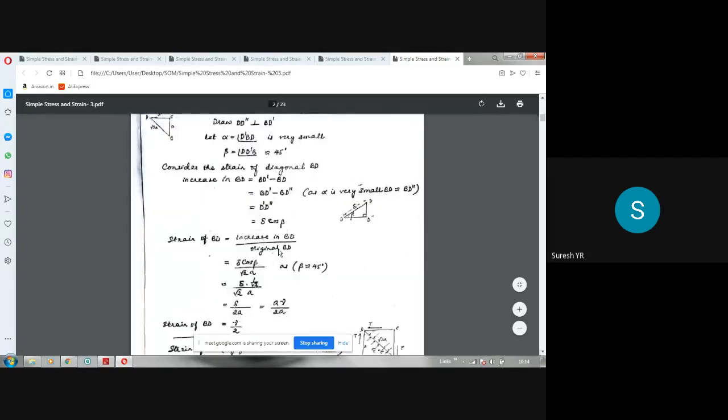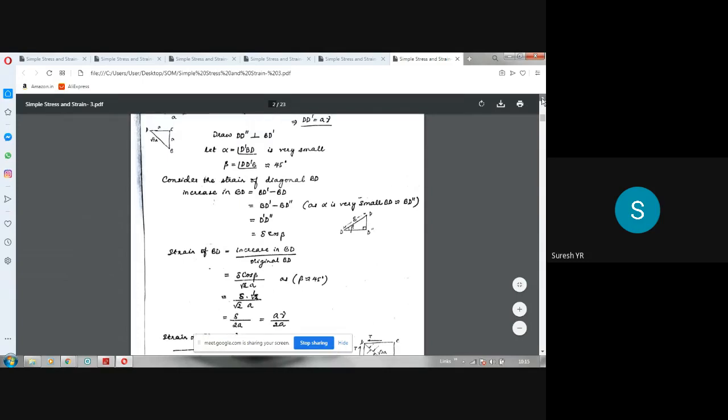So the strain is delta cos beta divided by root 2 A, as beta is nearly equal to 45 degrees. Cos 45 is 1 by root 2. If you substitute that and bring this root 2 to the denominator, you get delta divided by root 2 into root 2, which is 2A. Now what is delta? We have seen that delta is A into gamma.